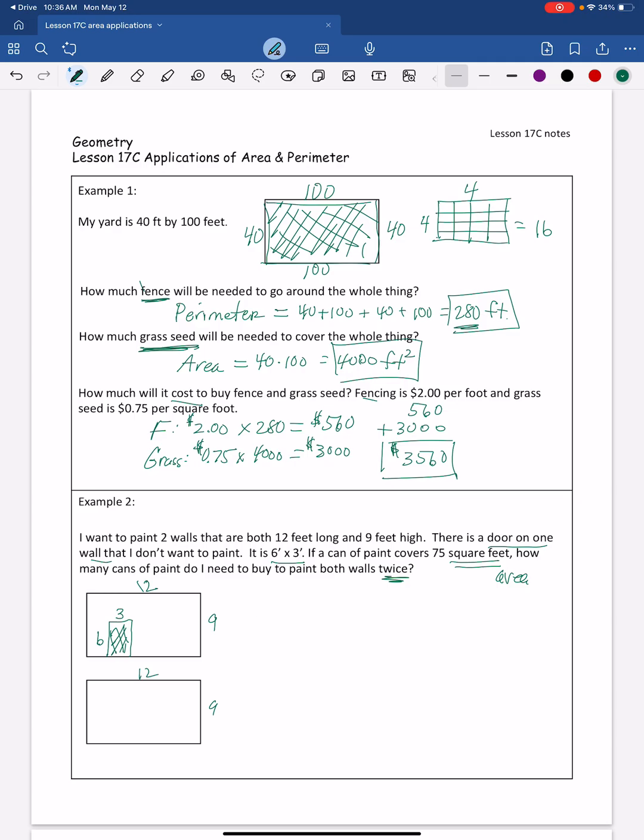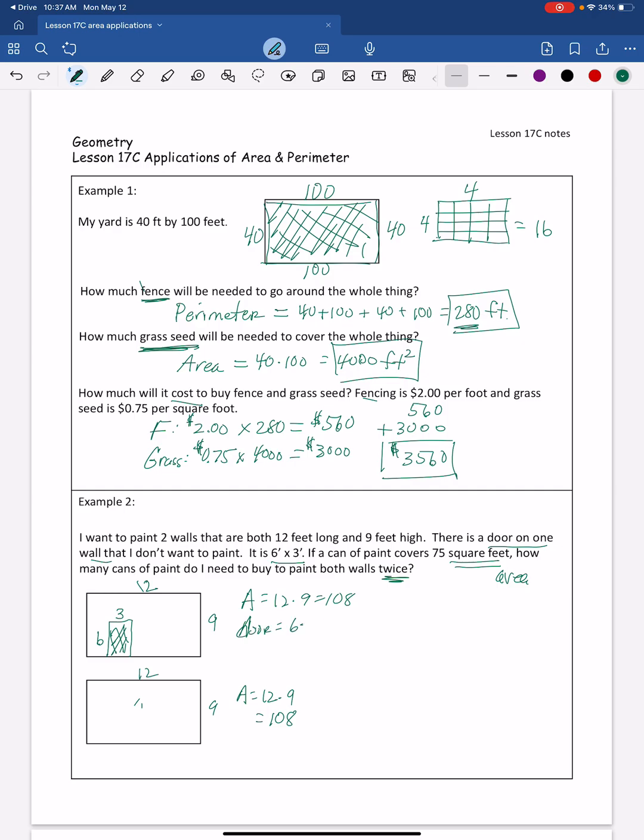So let's figure out, first of all, what is the area of just a plain wall. Let's do this one here. So the area of this shape right here, length times width, is 12 times 9, or 108. So that's the area for this shape here. This one up here is going to start with 108, but I don't want the door.